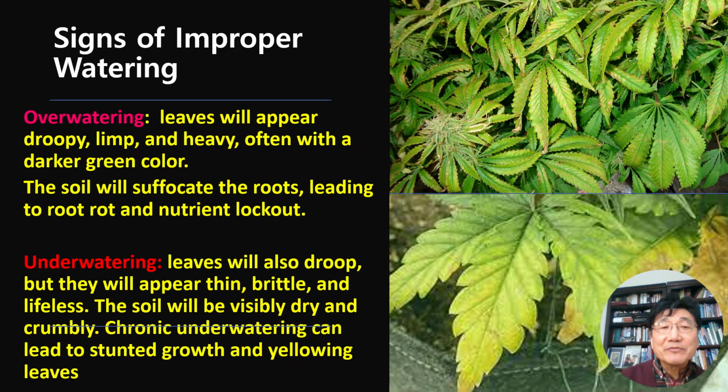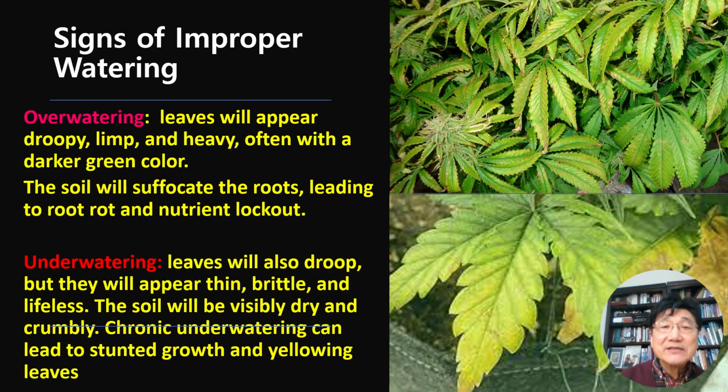Overwatering is one of the most common issues. On overwatered plants, leaves will appear droopy, limp, and heavy, often with a darker green color. The soil will remain constantly soggy, which suffocates the roots, leading to root rot and nutrient lockout.